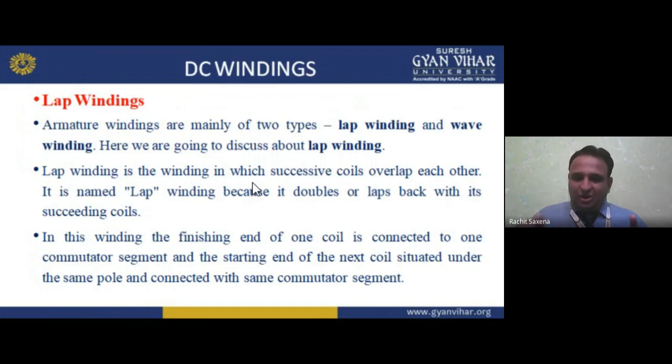Now, in this winding, the finishing end of one coil is connected to a commutator segment. My dear students, as I told you in my previous lecture, the commutator is a very important part. It behaves just like a rectifier. What does the commutator basically do? The commutator converts bidirectional current into unidirectional current.